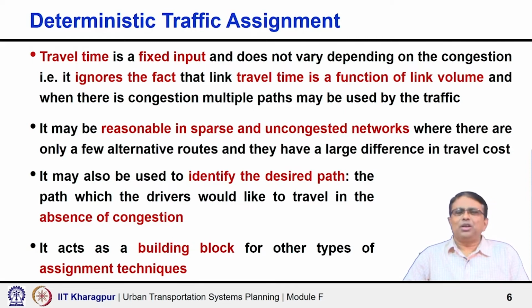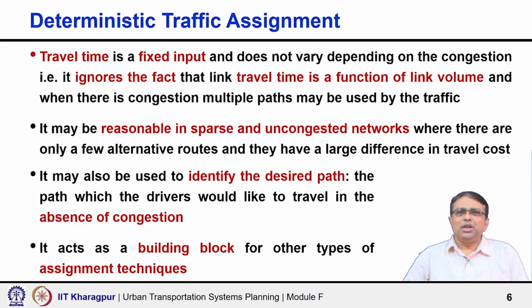This may happen under multiple conditions, but two conditions I can remember immediately. First, the demand is insignificant, very low as compared to the capacity. Second, there are only a few routes, and even if the shortest path's actual travel time becomes higher, it is still lesser.